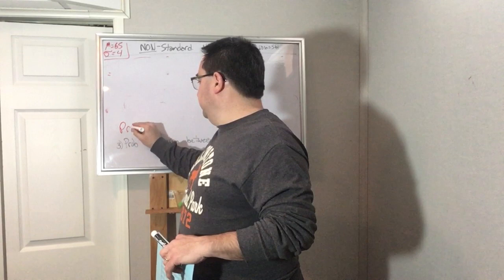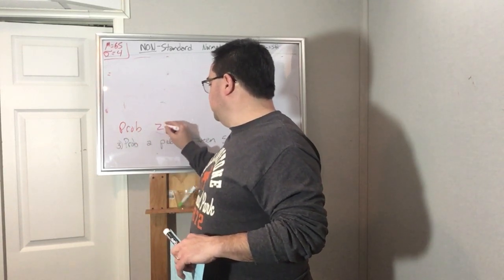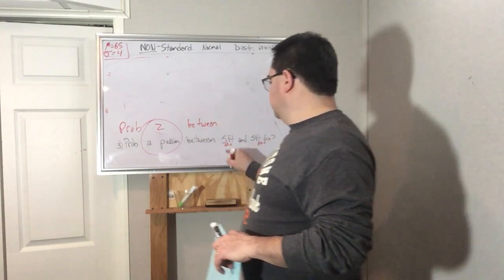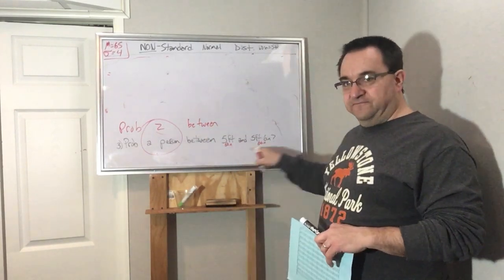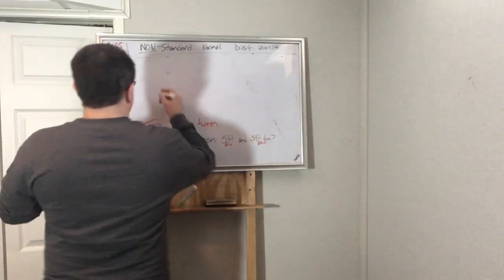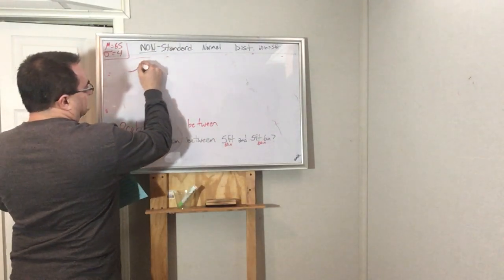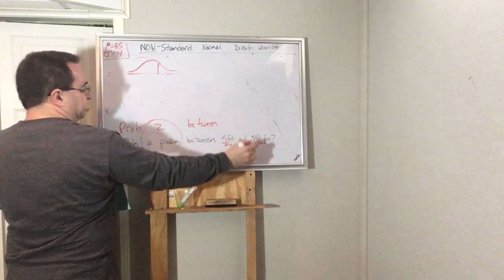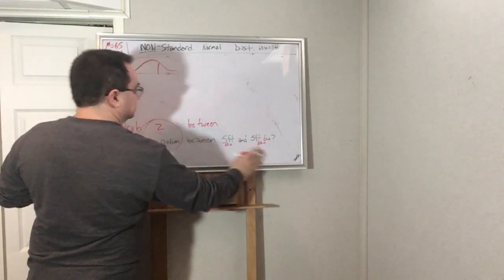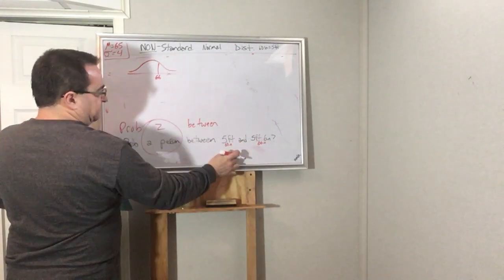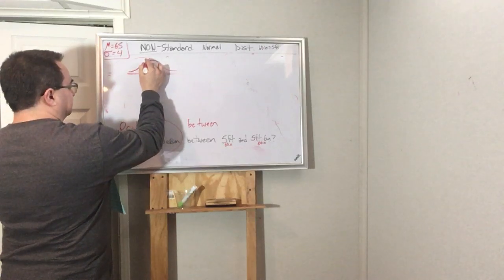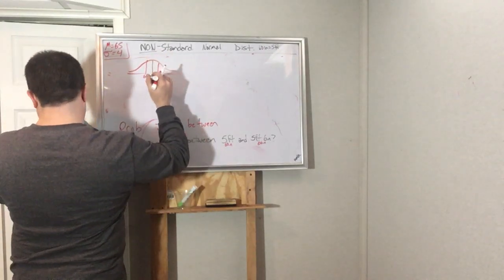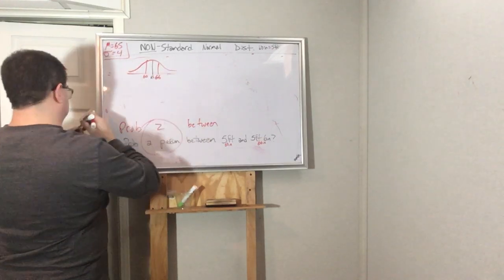Probability that z is between, see now I got two things, 5 foot and 5'6". So remember, the pictures I think help out a lot. 5'6" is 66 inches. 5 foot is 60 inches. And the mean was at the 65.